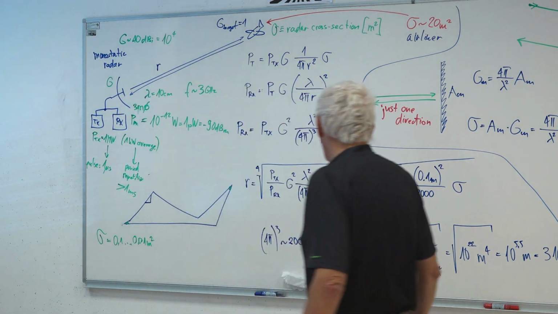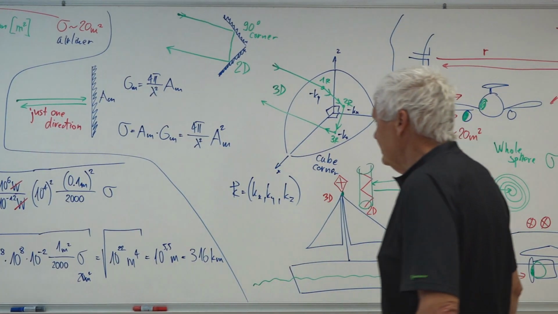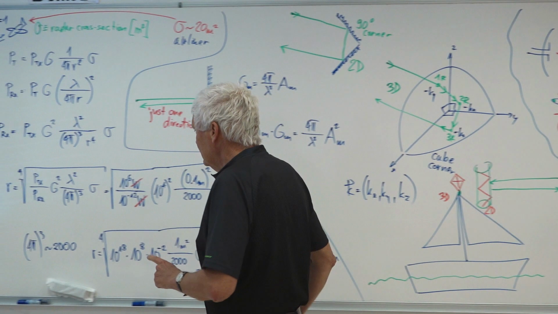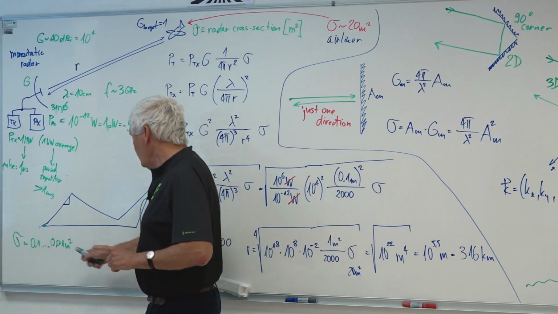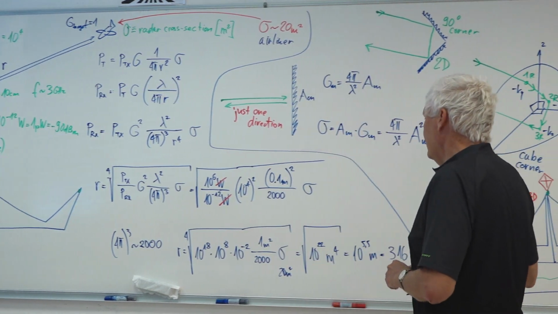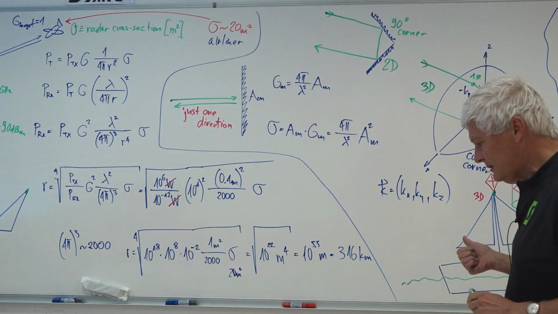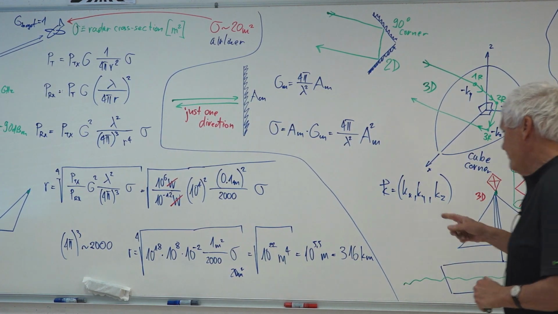What is then the range of our radar here? If we go to such small values, here I had 20 square meters. I have the area that's 1,000 times smaller. Taking the 4th root of 1,000, the square root of 1,000 is 30. It's around 5 times less range.